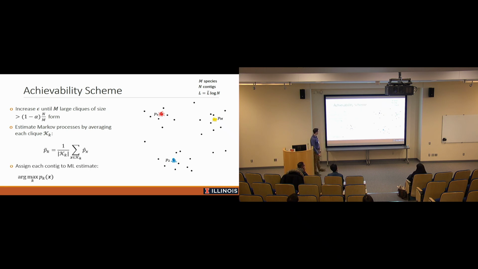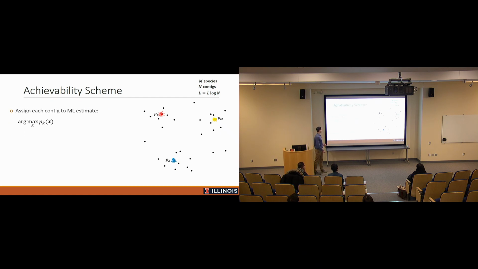From here, how you assign a contig to a bin is simply by the ML rule. We have the distributions that generated the contigs, and we simply assign it to the maximum likelihood probability distribution. And this is a classic information theory result where the maximum likelihood corresponds to the minimum KL divergence between two distributions.